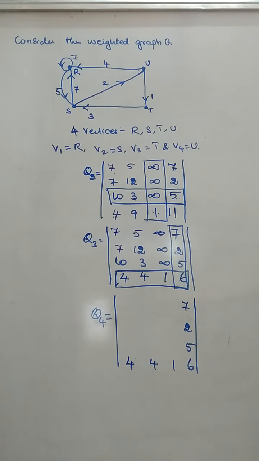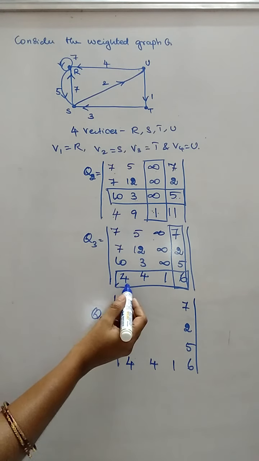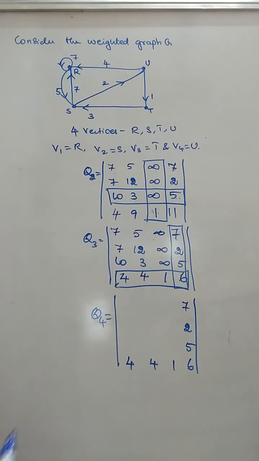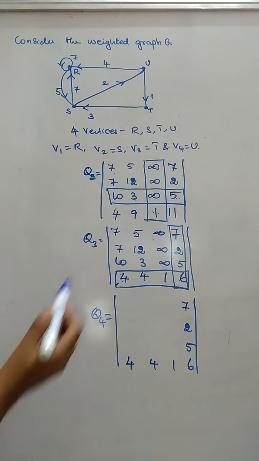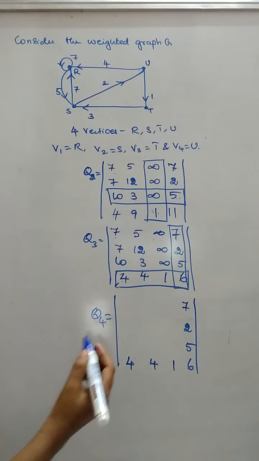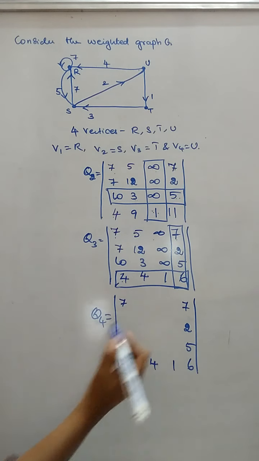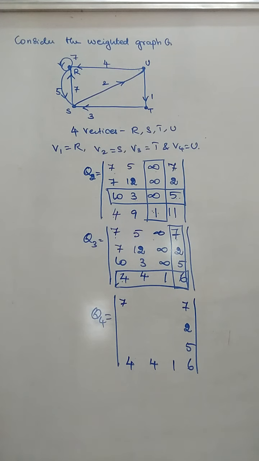And the rest of the places I should fill. So 7 plus 4 plus 7, I will get 11. 11 will be compared with 7. Of course 7 is the minimum number, so we can write 7 here.